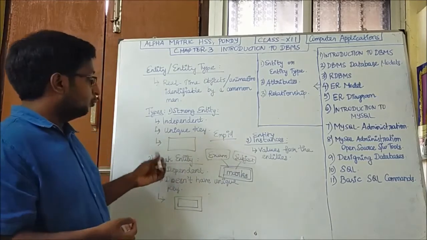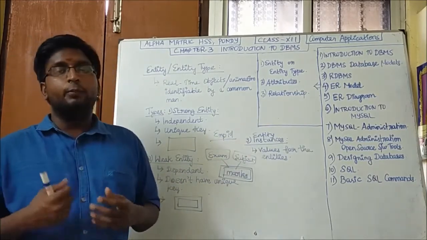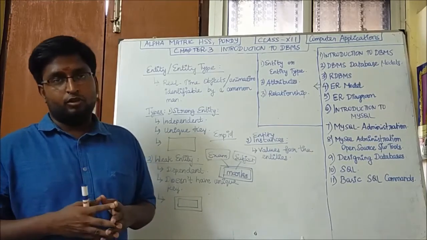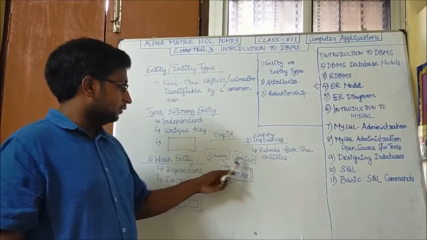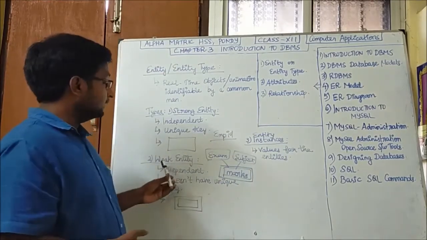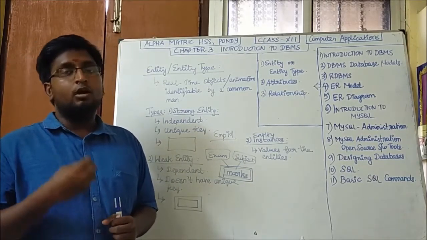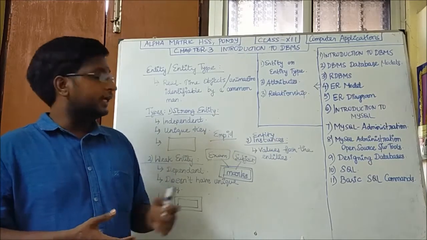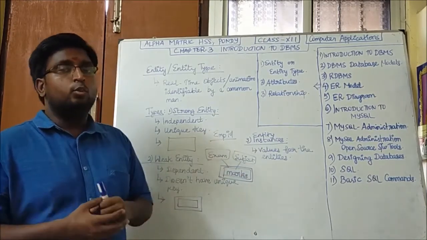The next one is the weak entity. A weak entity is fully dependent on other entities. The entities that are dependent on other entities are called weak entities.